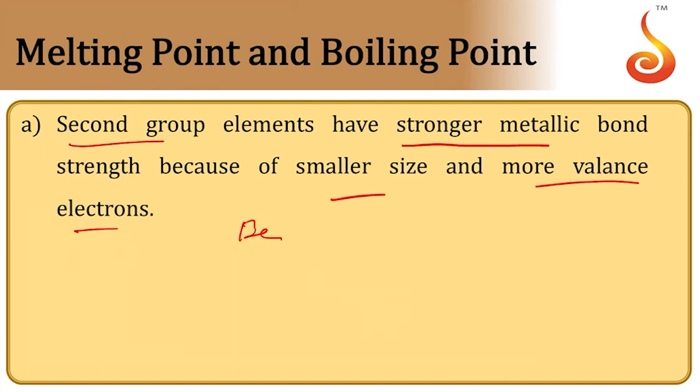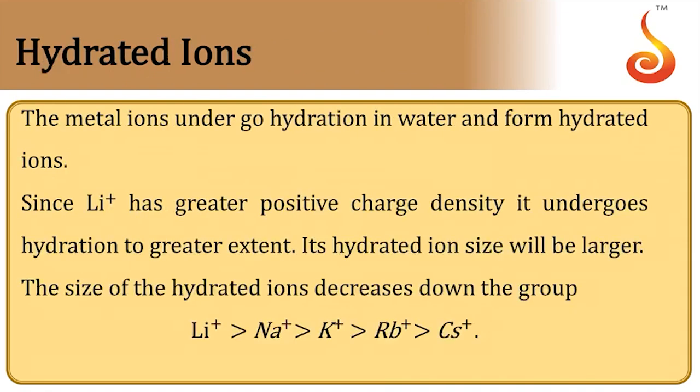There is no order in the melting points. But what we need to remember is the highest melting point is for beryllium and the lowest melting point is for magnesium.